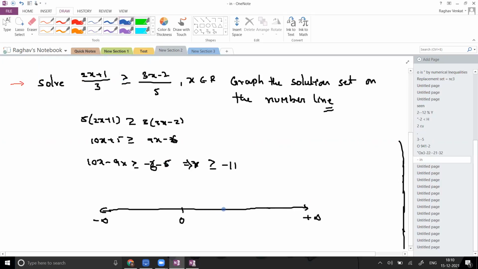The point is minus 11, and the equality symbol is there, so x is greater than or equal to minus 11: closed interval at minus 11, and infinity is open, with the arrow mark I showed.